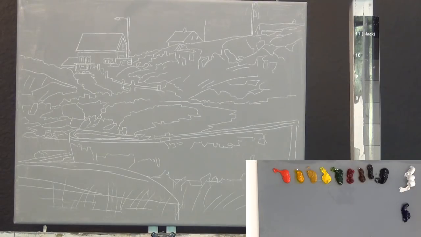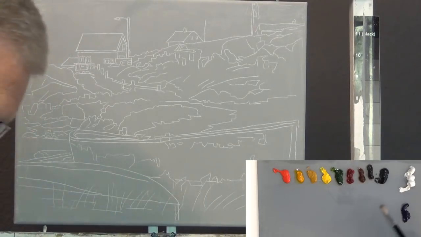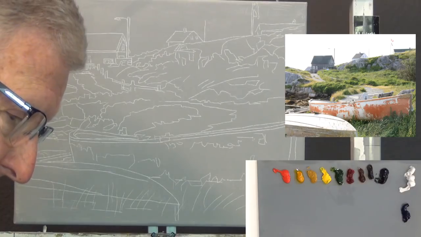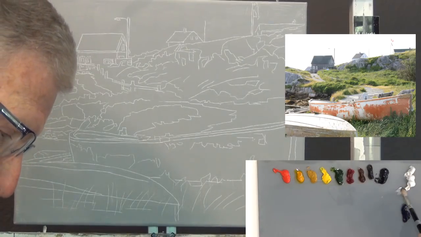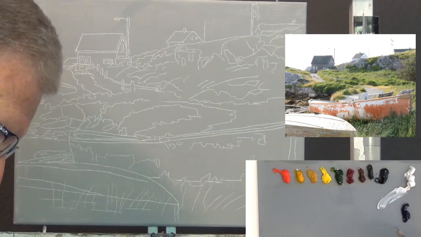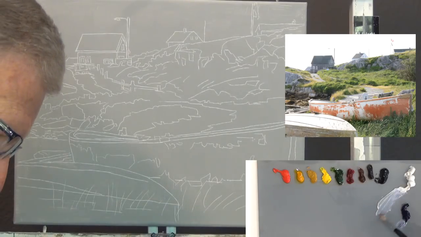Thank you. So we're going to start here on the top of this painting with a little bit of my liquid white, and I'm going to put a little color in the sky. The photograph was just pure white in the sky, and I don't really like that.